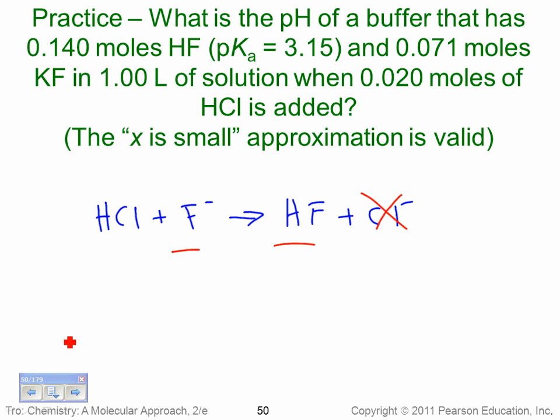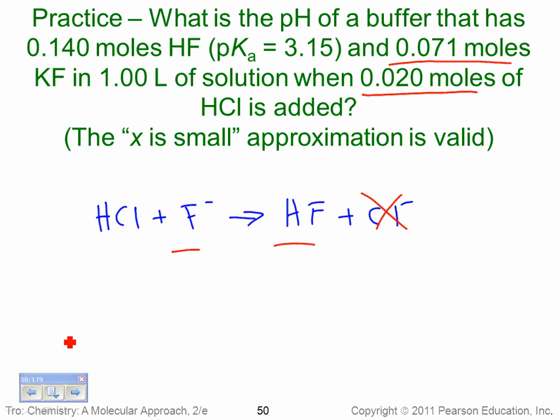These are the key components right there. So when that HCl goes in there, what's going to happen to the amount of F minus compared to the original? It's going down. It's going to react with it and it's going to use it, so it's going down. And the HF over here on the right hand side, what's happening to it? It's going up.